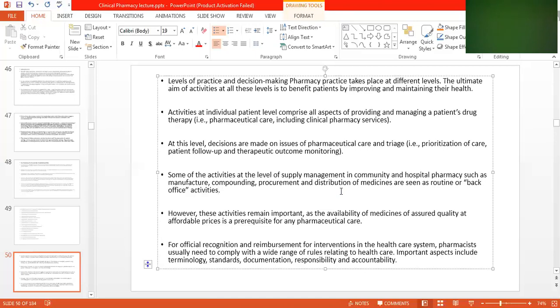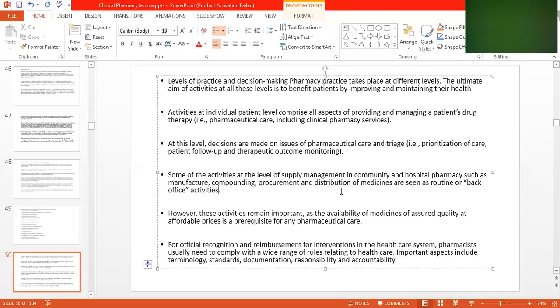However, these activities remain important as the availability of medicines of assured quality at an affordable price is a prerequisite for any pharmaceutical care. Means pharmaceutical care doesn't mean only providing drugs or medicines to the patient, but it should be available all the time whenever required by the patient or the other staff of the hospital.